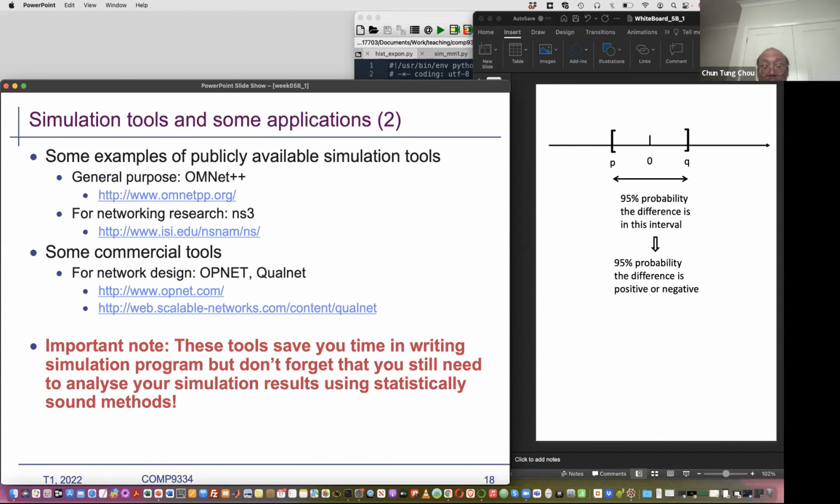It's very important that you analyze the simulation results in a statistically sound way. By that, I mean you use confidence intervals, you do a t-test, or you use the visual test. It's important to calculate the confidence interval, because for simulations, we can only tell whether something is true within a certain probability.